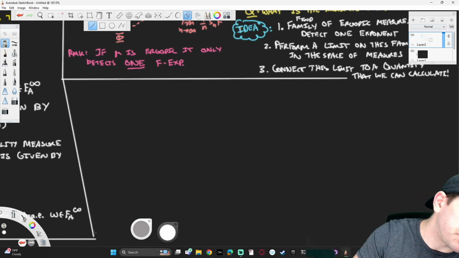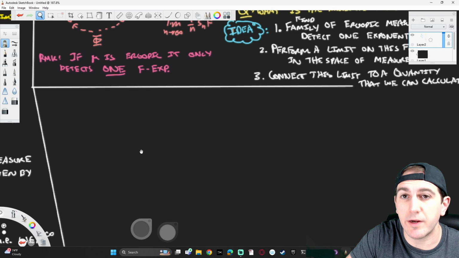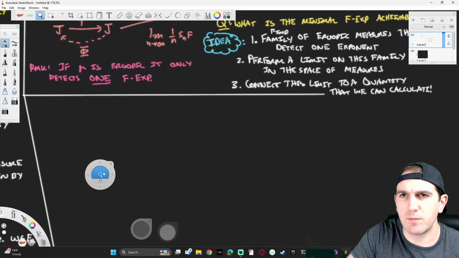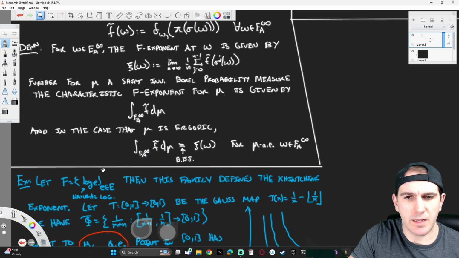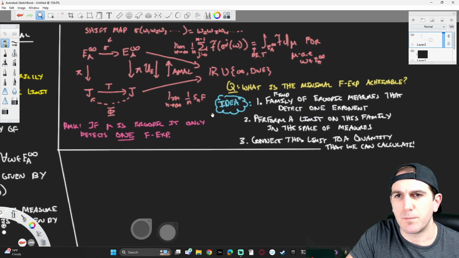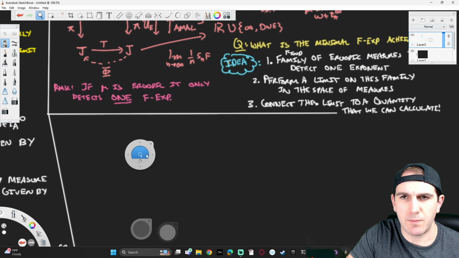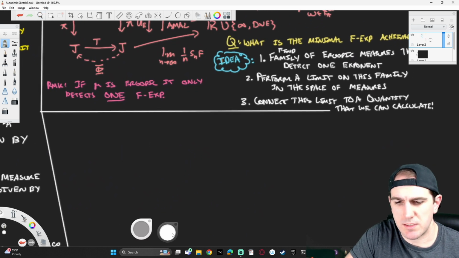And so the first thing I need to tell you is about the variational principle. So where do these family of ergodic measures come from? I know that there is an ergodic measure for each system, but maybe there are particular ones that I want to look at, and maybe there's a lot of them, and hopefully there are, because I want to do a limit with these things.